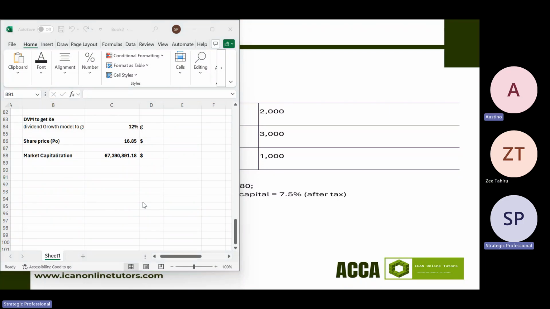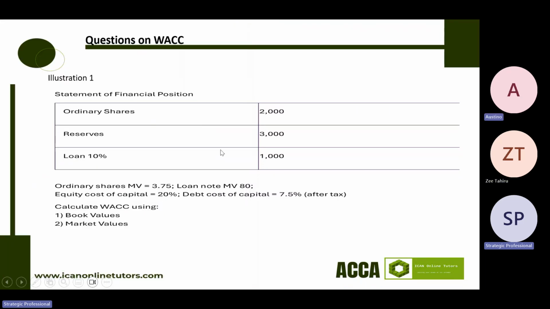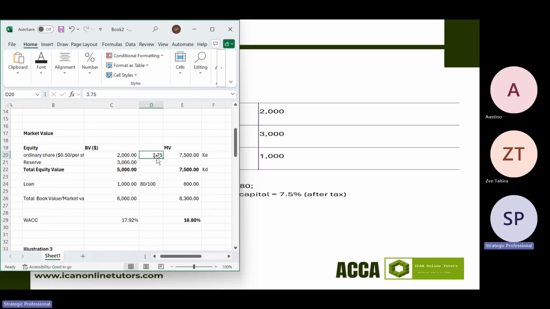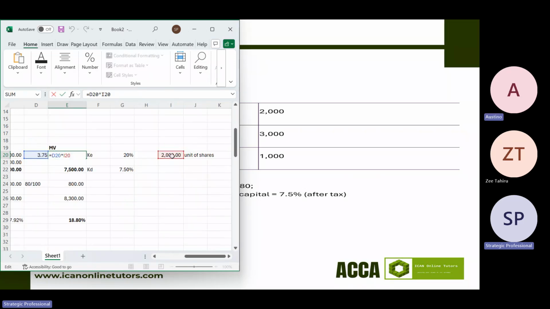In that question, we multiplied this 3.75 by 2,000 units, and that's what we use for our WACC, that we got 7.5. If you remember this place, when we did this one here. Yes.